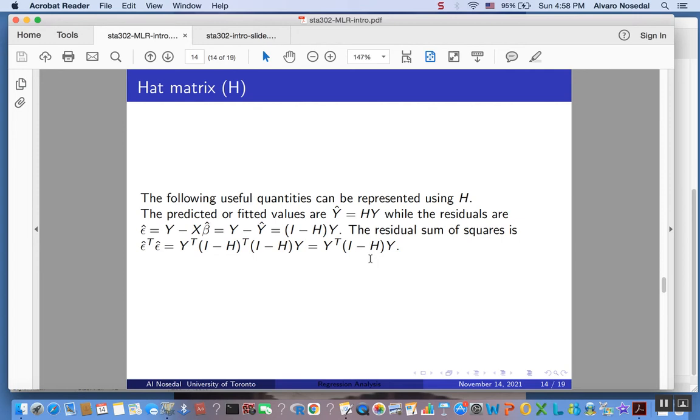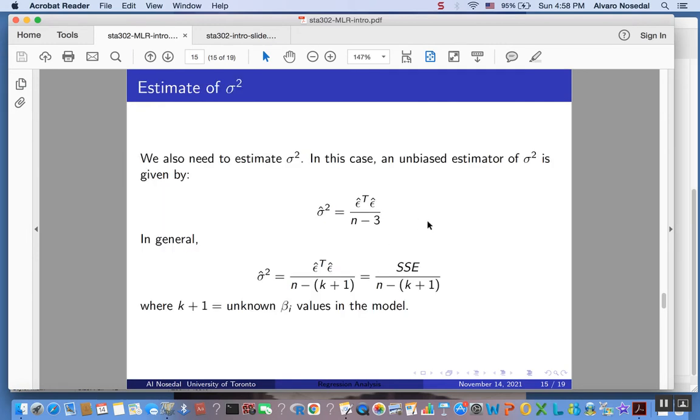And remember that we talked about how we can estimate the variance sigma squared. In the case of simple linear regression, we had SSE divided by n minus 2.